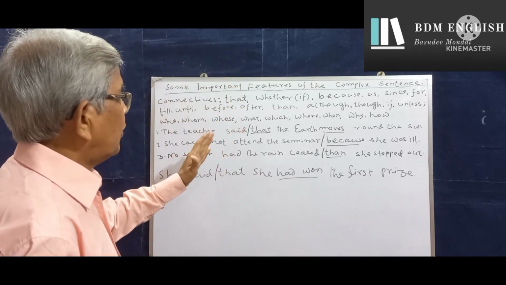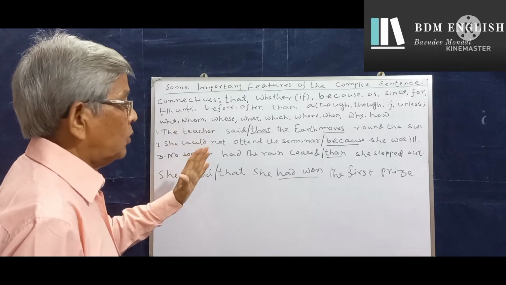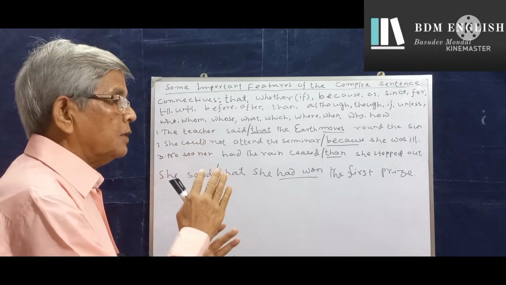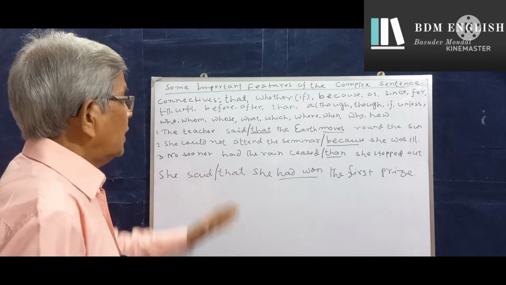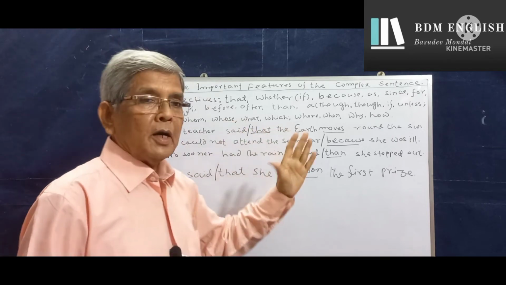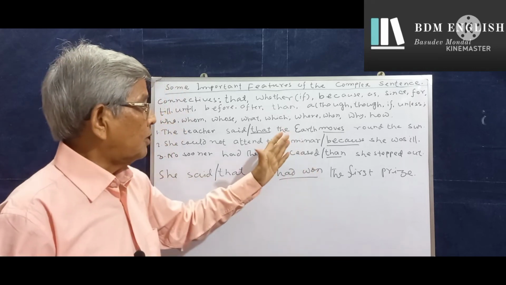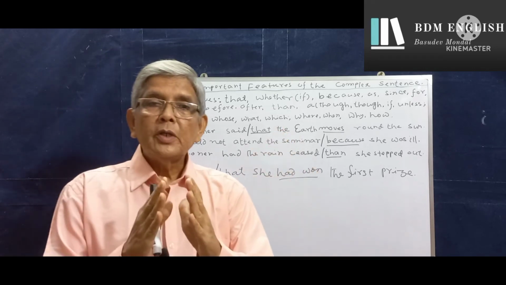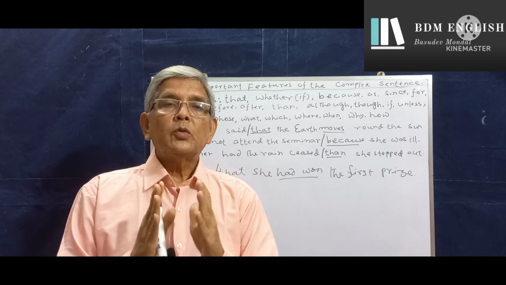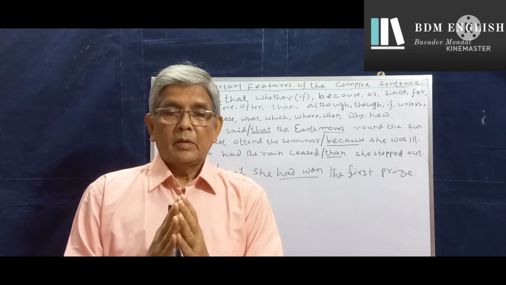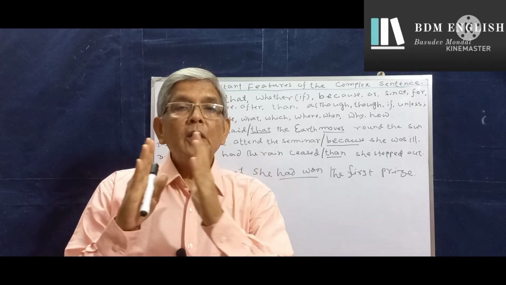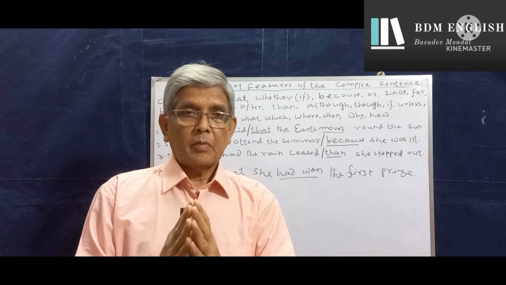But these points are also important from another point of view. These features of the complex sentence are closely related to the rules for changing direct speech to indirect speech.